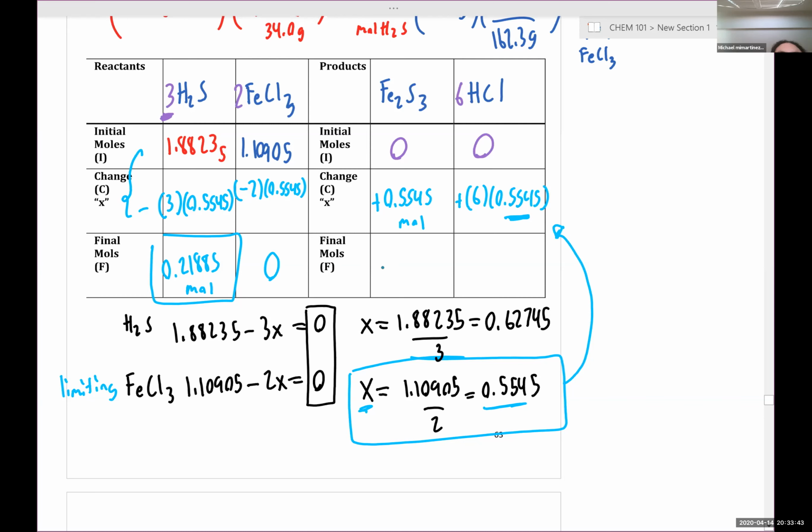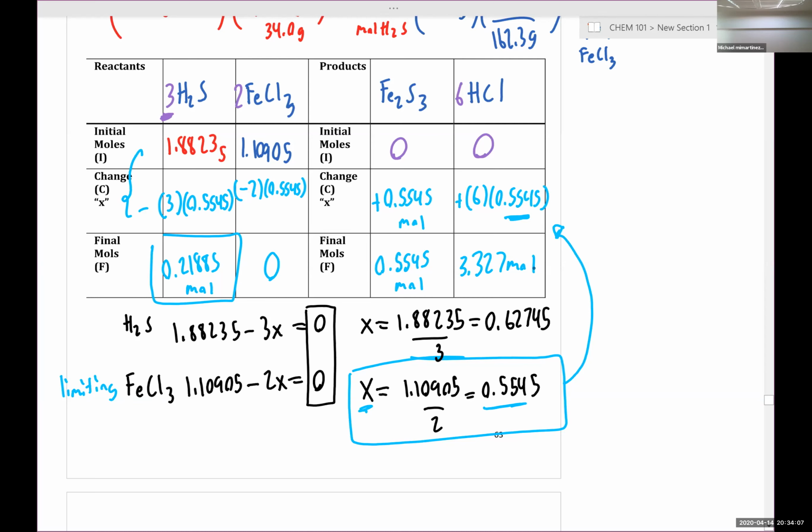For our product, we'll make 0.5545 moles of iron 3 sulfide. And for hydrochloric acid, we have 6 times 0.5545, which gives us 3.327 moles of hydrochloric acid produced.